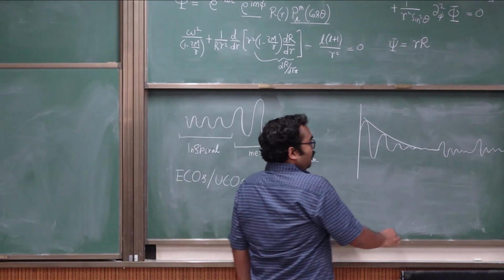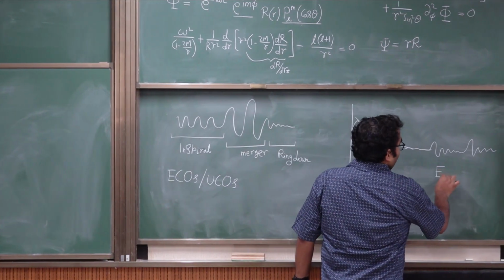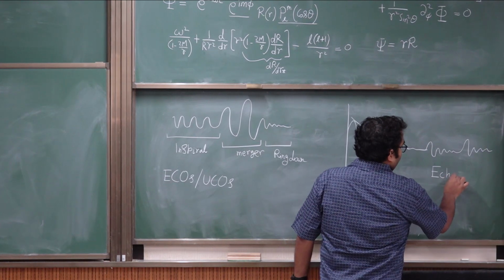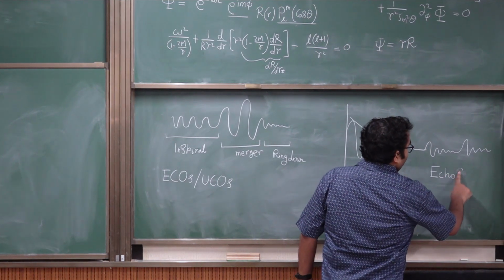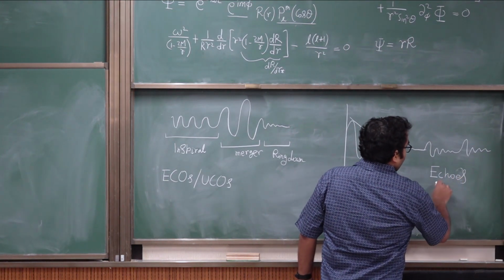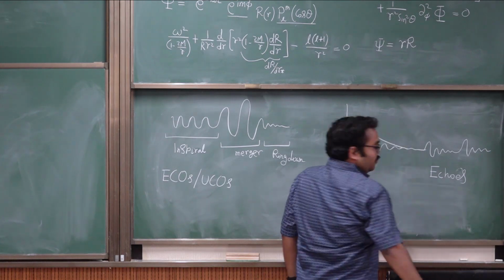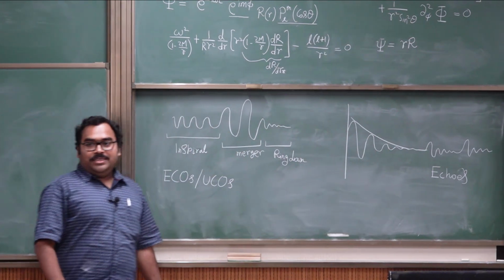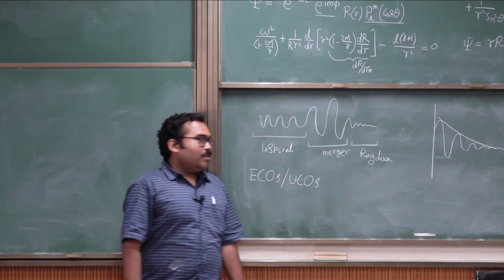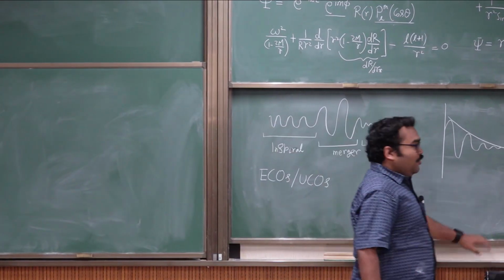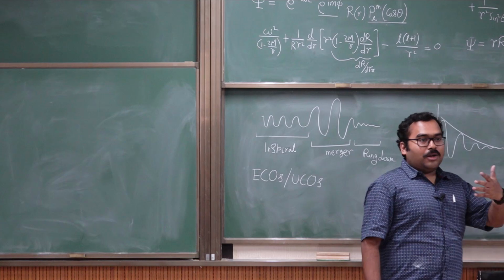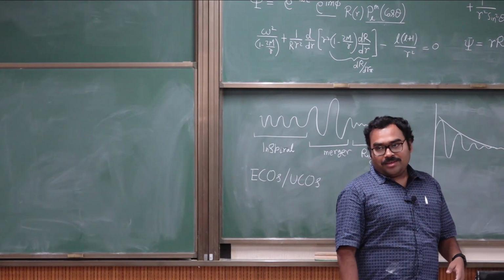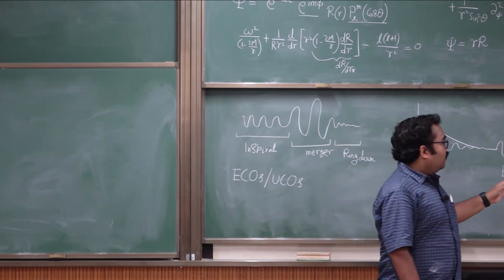And these are known as, pronunciation wise, these are very difficult. Sorry, how do I pronounce this? Echoes. Okay, not ECO but ECHO, right? So these echoes are something like if you shout, it is going to come back to you at a repeated interval. Here also it is the same.